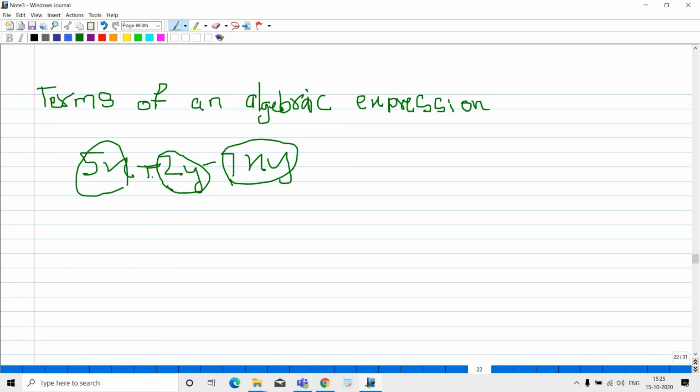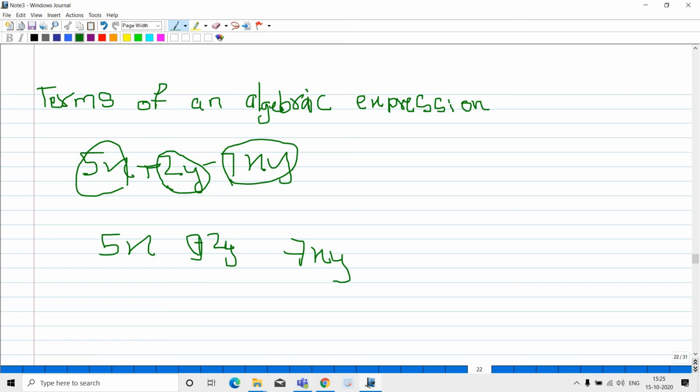So 5x is one of the terms, 2y is one of the terms and 7xy is one of the terms. This plus is separating 5x and 2y, and minus is separating 2y and 7xy.